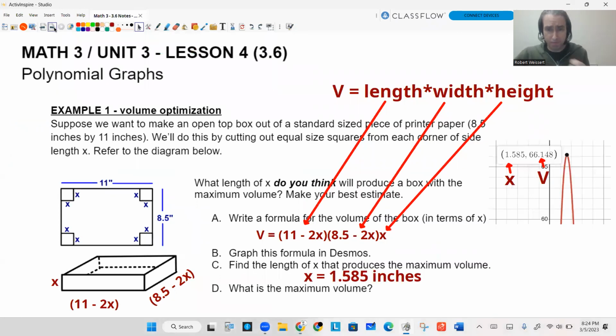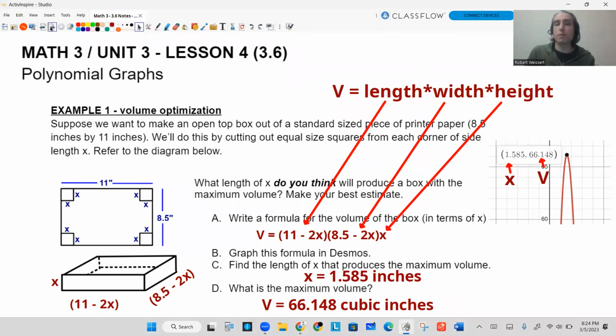So that length of x is going to be 1.585 inches. The volume is the point at that peak, so that volume is going to be 66.148, and we measure volume in cubic inches. That's how you work these problems out: just the side minus 2x, the side minus 2x, times x, put them in Desmos and get that peak volume right there.